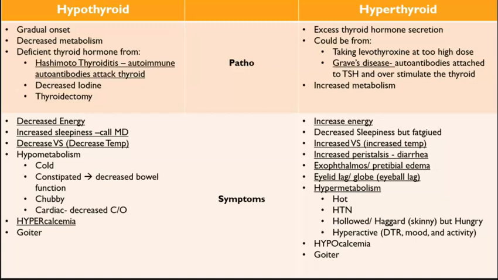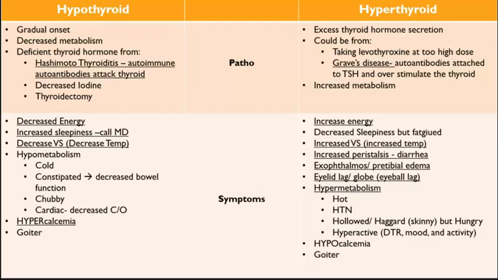So they're going to be cold, their heart rate is slow, respiratory rate slow, their vital signs are ultimately slowed down. They're going to be constipated, chubby, they're going to have decreased cardiac output, so they're going to have the C's going on with them: cold, constipated, chubby, and cardiac decrease. They're also going to have hypercalcemia. And either one, hypo or hyperthyroid, they have a chance for a goiter.